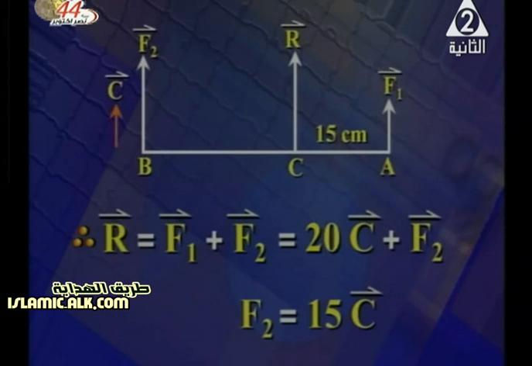Then F2 equals 35 minus 20, which equals 15C. Remember, R in this case, dear student, equals 35 and F1 equals 20, so F2 must equal 15. Why? Because R equals F1 plus F2.